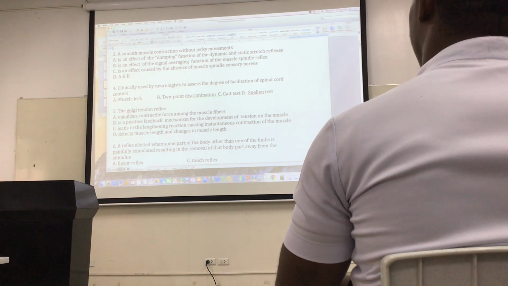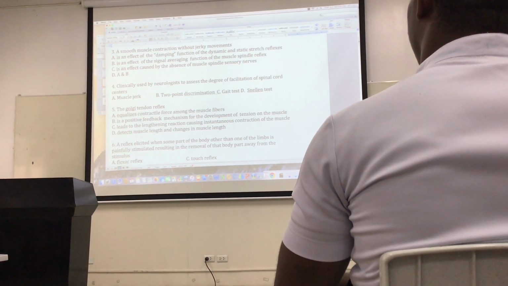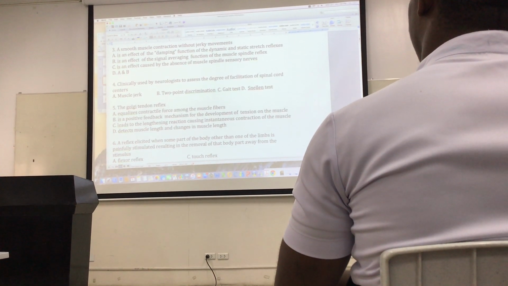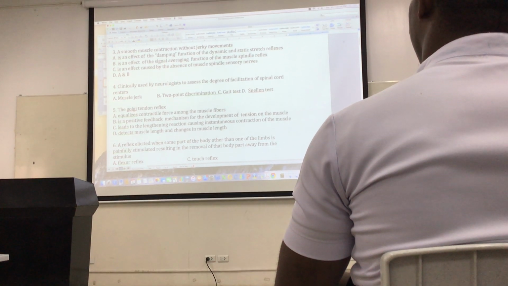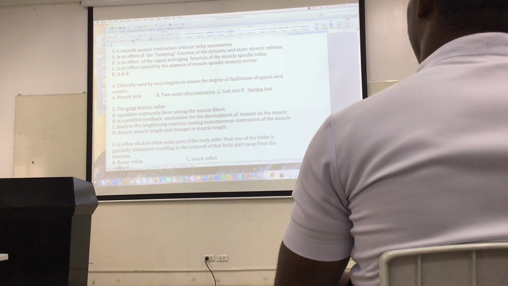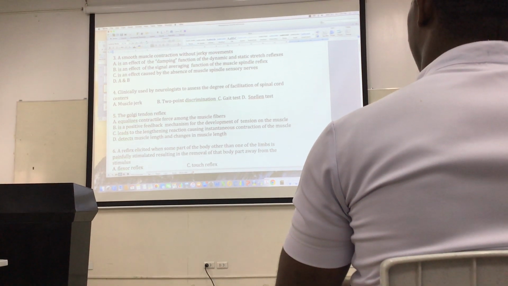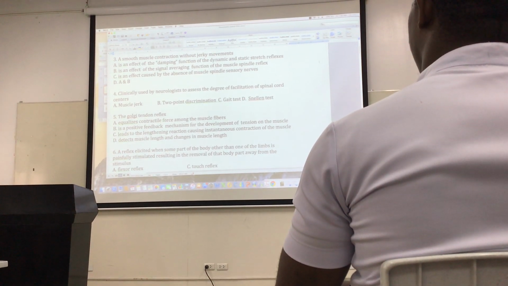Letter D. A and B. No, absence is the presence of muscle. Muscle spindles are needed. Yes, A and B.